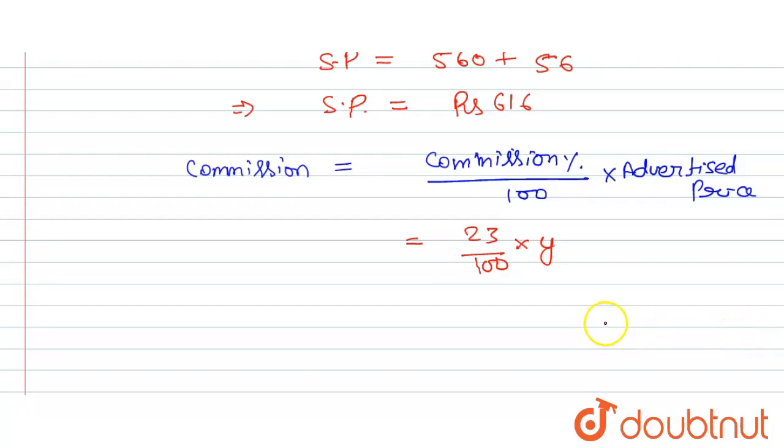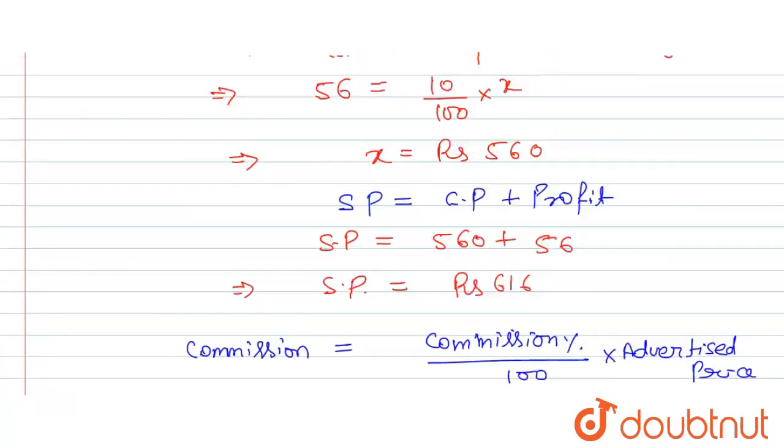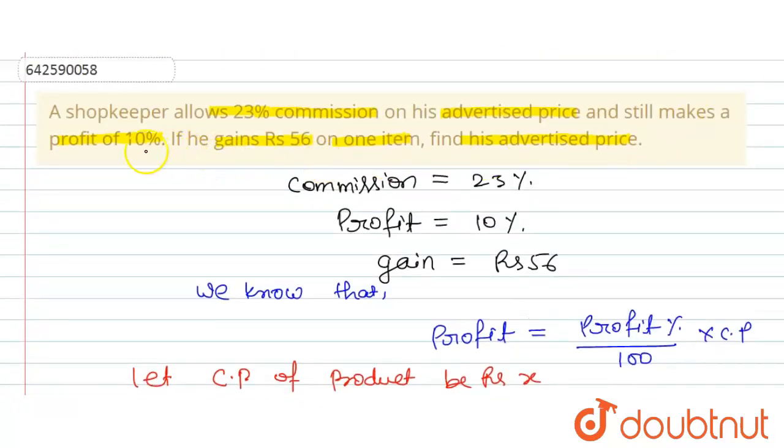Now according to the question, SP, the selling price, is equal to advertised price minus commission, because it is already given in the question that the shopkeeper allowed 23% commission on his advertised price.